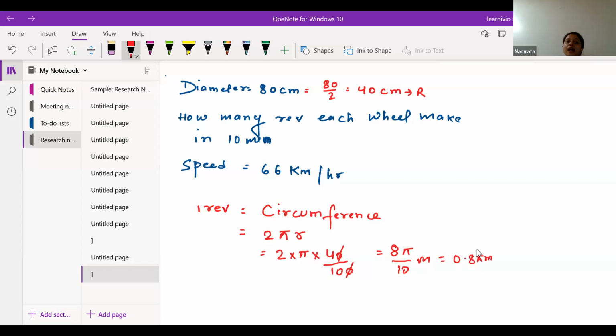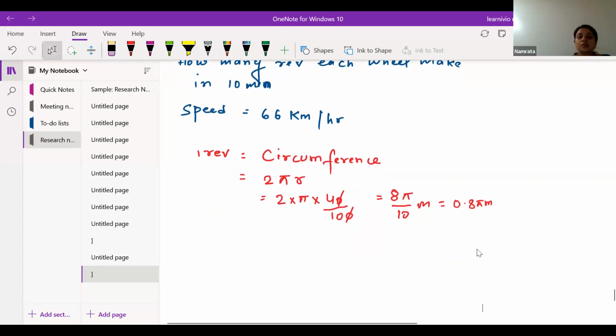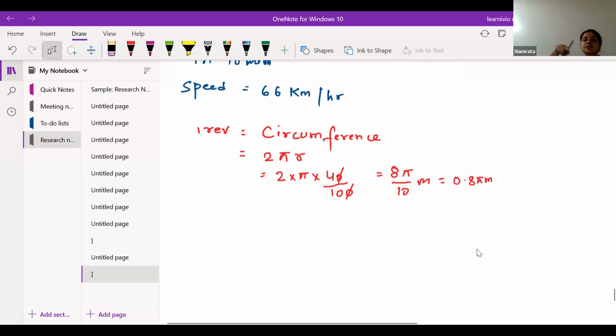Okay. What we have to find, how many revolution car will make in 10 minutes. So speed is given as 66 kilometer per hour. Here the time is given in minute. So let's convert our speed in minute only so that we can work with distance. So the total distance for one complete revolution is 0.8 pi meter.